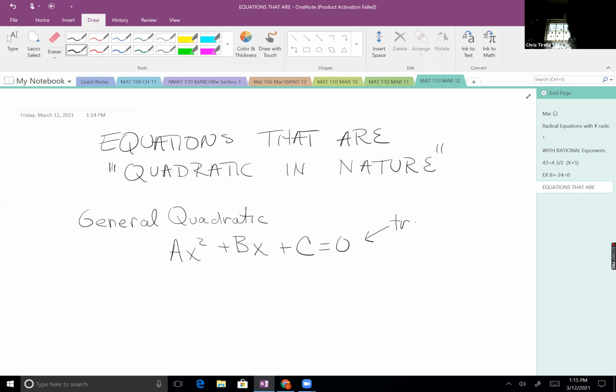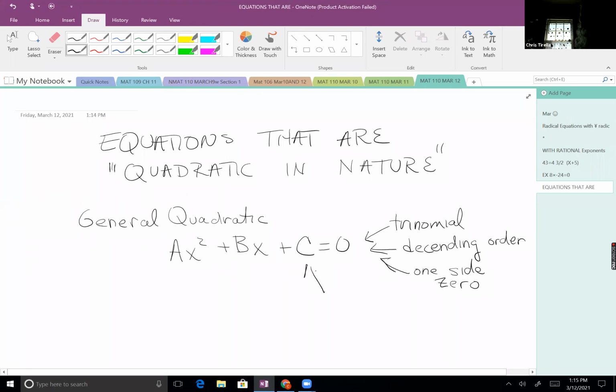It's a trinomial. It's in descending order. One side 0. And as we look at it, there's a constant term.